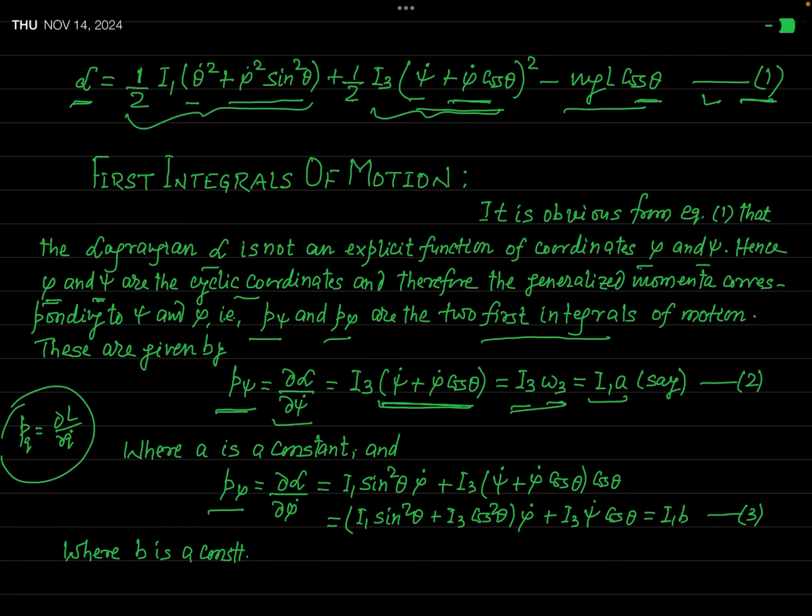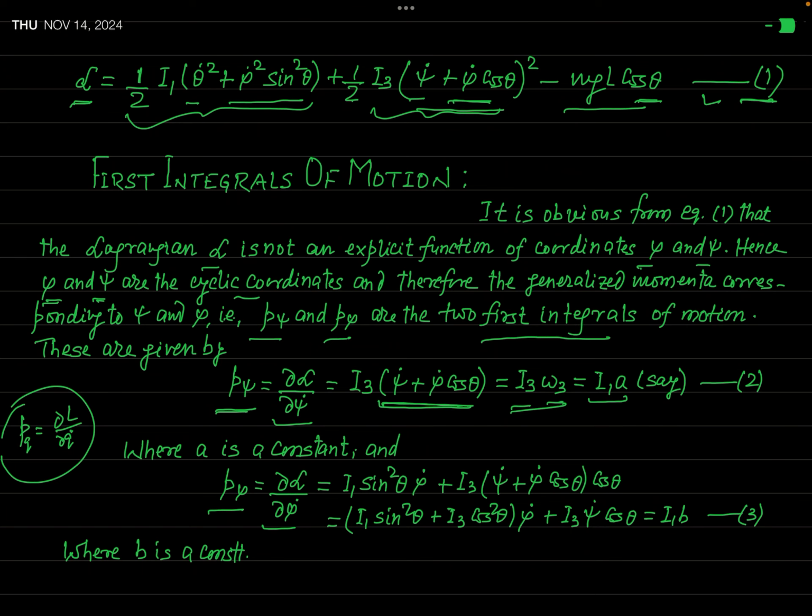Now, in a similar manner, you can find the generalized momentum corresponding to the cyclic coordinate phi, and for this you will have to partially differentiate L with respect to phi dot. Again, see the expression for L in equation 1. Here, phi dot is contained in both terms, first and second. So let us differentiate it.